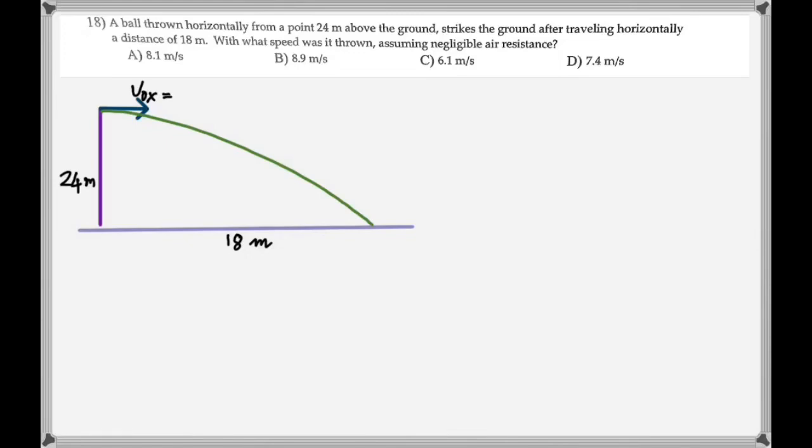It does not have an initial vertical velocity, which means the initial vertical velocity is 0. So V0x is what we're trying to find, but we know that V0y is 0. The acceleration in the y direction is negative 9.8 meters per second squared.